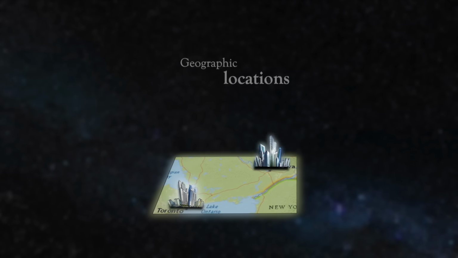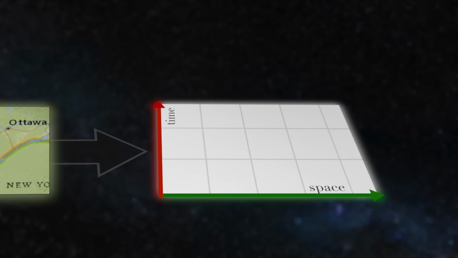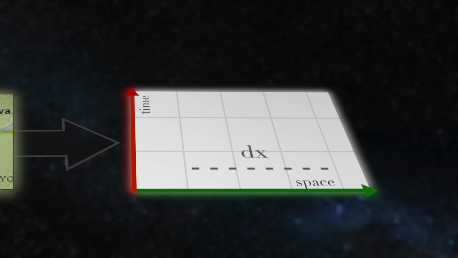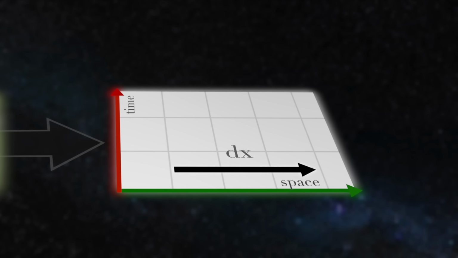First, that geographic locations become space-time events. This means that space-time coordinate intervals, instead of being defined by the span or vector between two geographic locations, are defined by the span or vector between two world events.